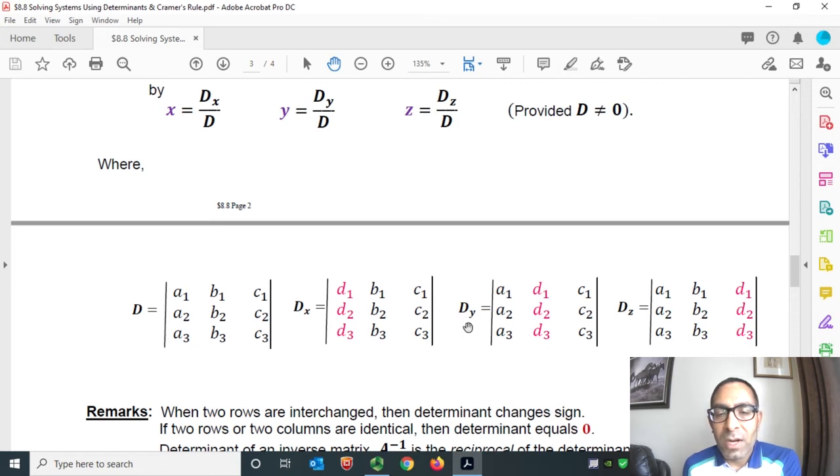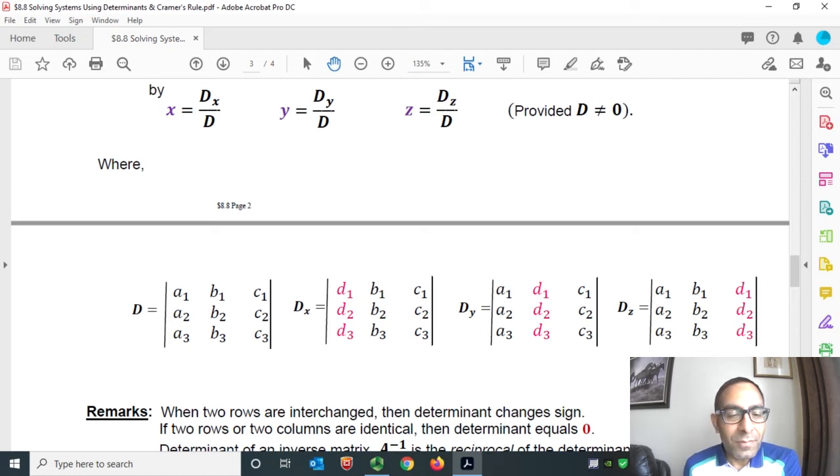Similarly, Dy is obtained by replacing the y column by the constant column. Similarly, Dz is obtained by replacing the z column by the constant column.